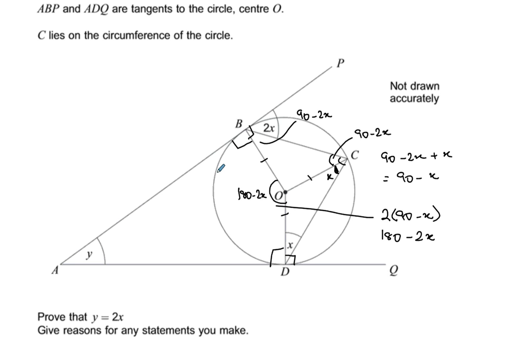So if we look at that quadrilateral, all four angles should equal 360. So if those two come to 180, then those two will come to 180. So that angle, that 180 minus 2x, has to be the same as 180 minus y. Can you see the 2x has to be y? Good, wasn't it?